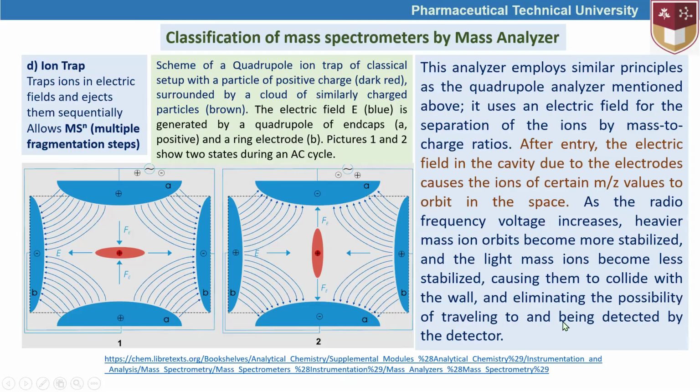As indicated here, as the radio frequency voltage increases, heavier mass ion orbits become more stabilized and the light mass ions become less stabilized, causing them to collide with the wall and eliminating the possibility of being detected by the detector.